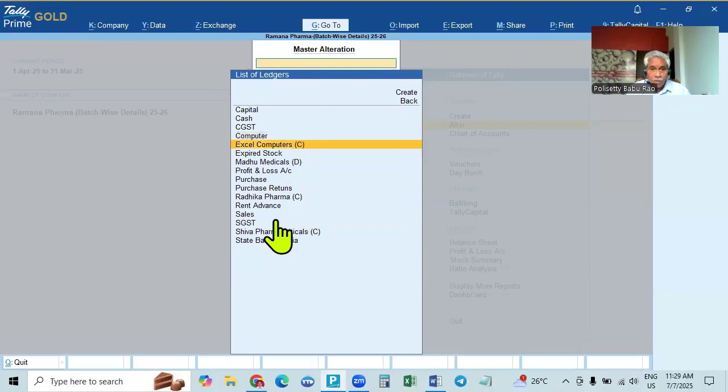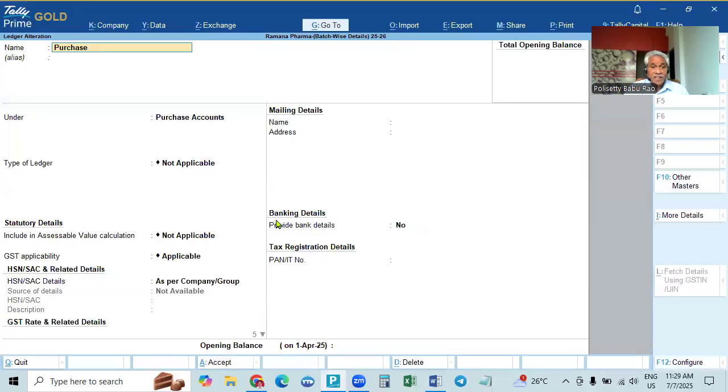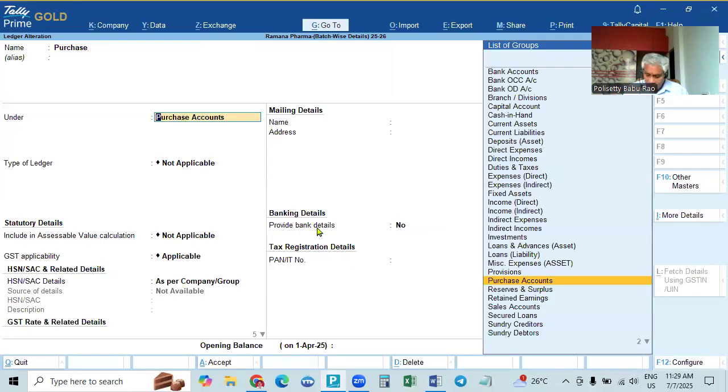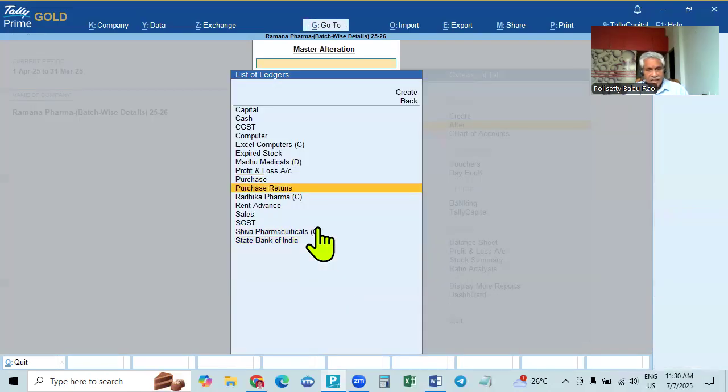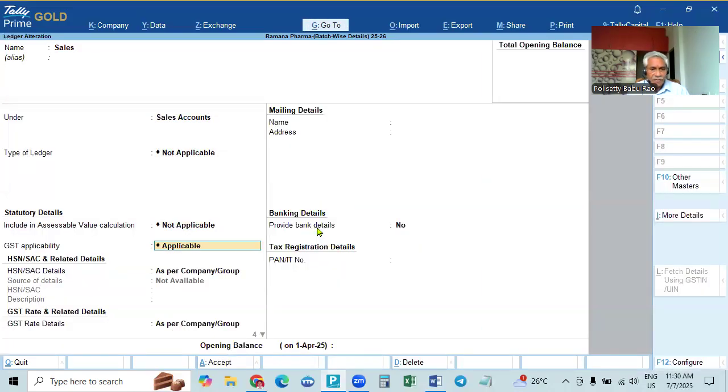But for goods and services, we will enter a purchase account, and here we will not give any details. GST details will be given in the stock item. So we take the purchase account, but at the end, for nature of type of supply, it will be services by default. We have to select goods. Okay, for purchases as well as for sales, we need not give any details.